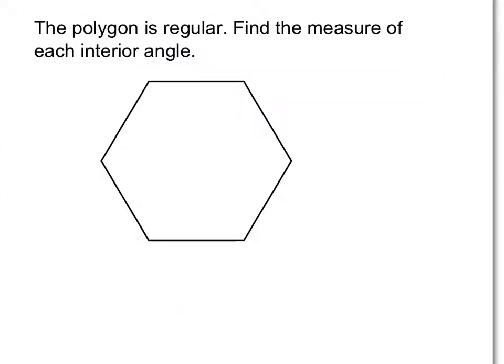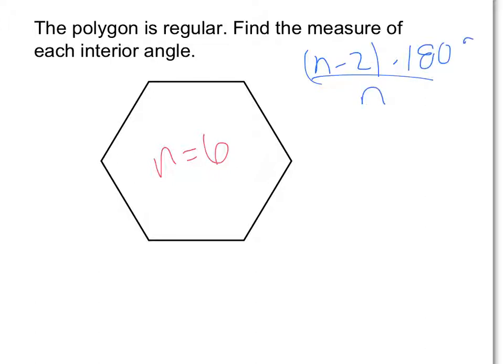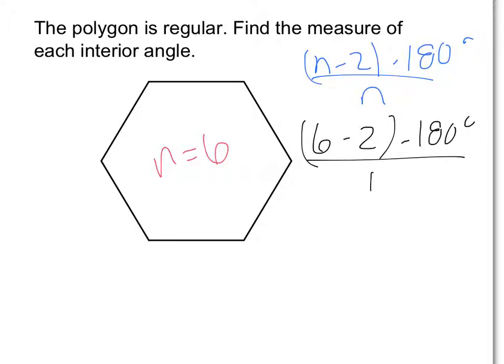For example, this is a hexagon and we have 6 sides. So with our formula, remember our formula looks like this. We're going to plug in our n, so 6 minus 2 times 180 divided by 6. We plug in our n for both of these.